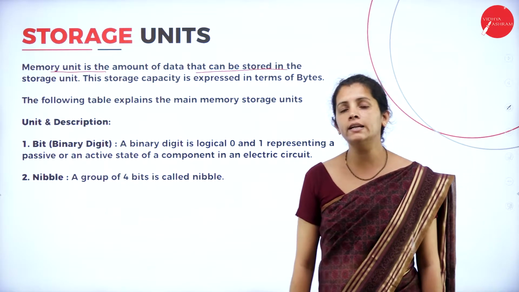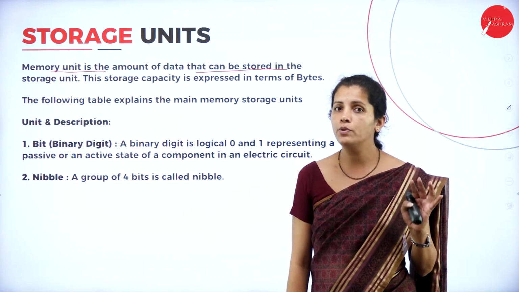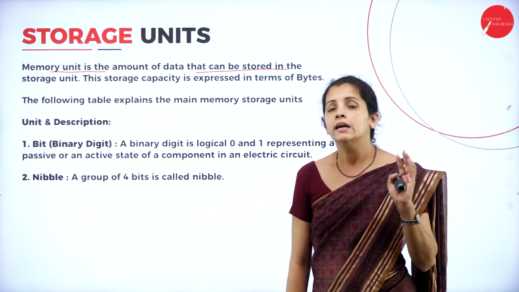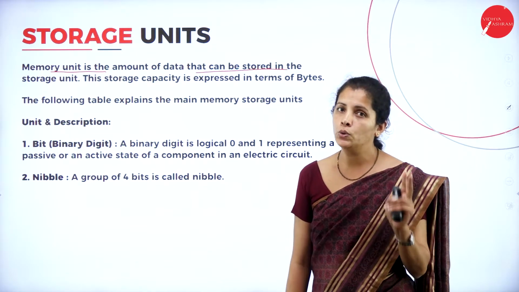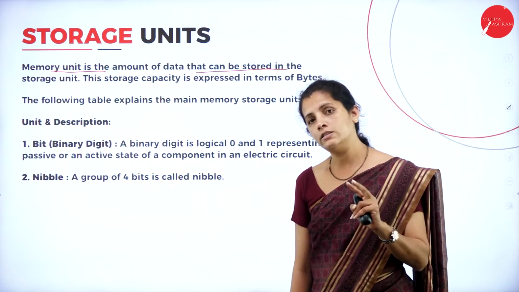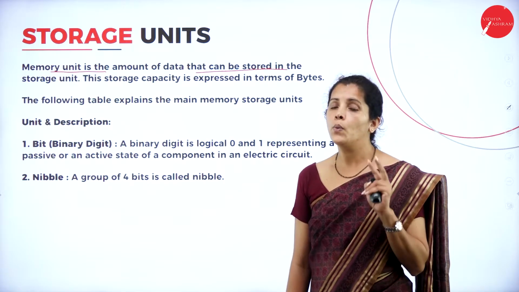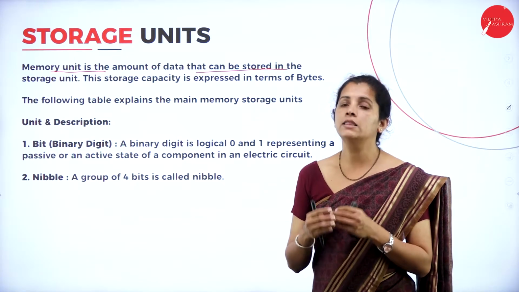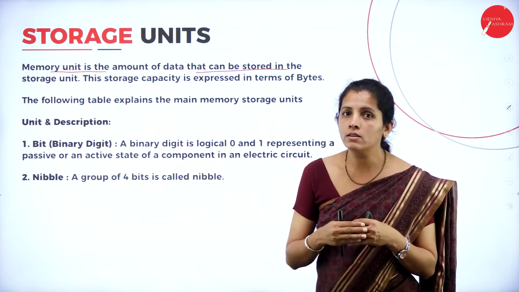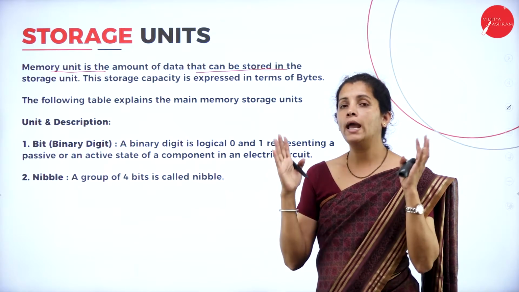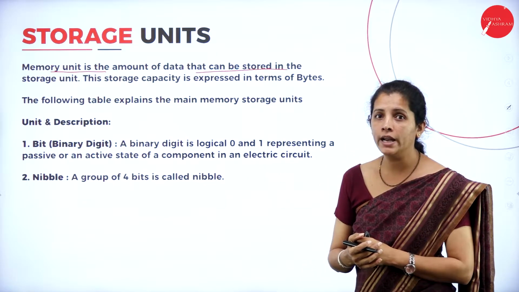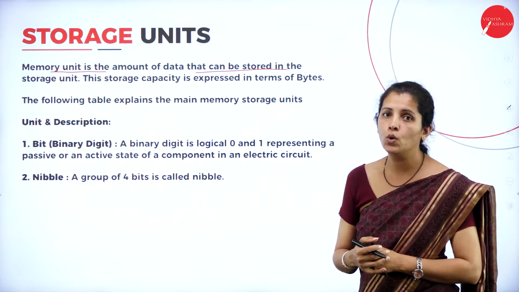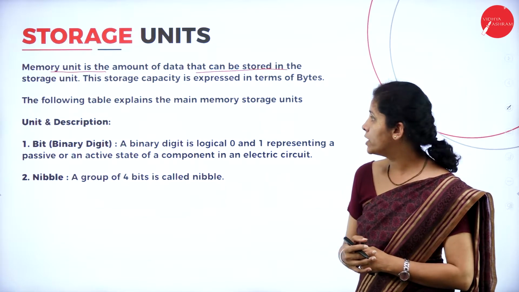Dear student, computer memory is classified into two types, primary memory and secondary memory. When I have a very small amount of data, I can go with primary memory. When I have a bulk amount of data, I can go with secondary memory.